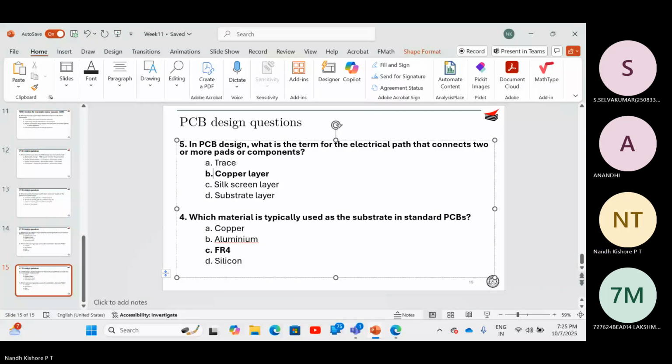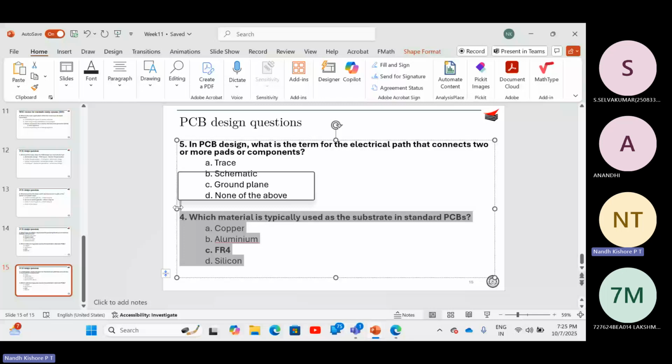Is it trace, schematic, ground plane, or none of the above? So what is the answer?